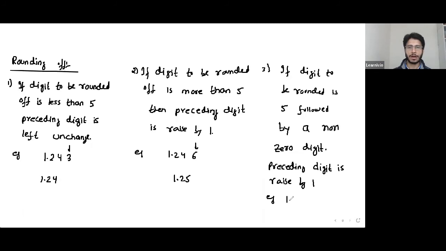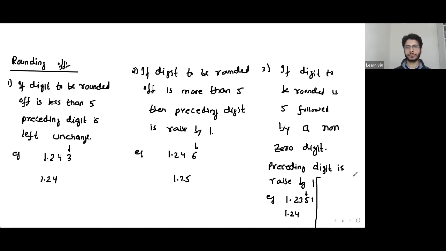For example, say you have 1.2351. I'm asking you to round off this 5. The 5 is followed by a non-zero digit, so your preceding digit will be simply raised by 1. It will be 1.24.